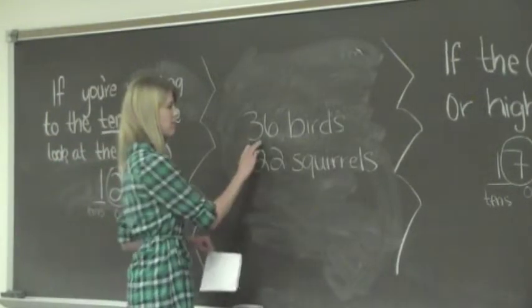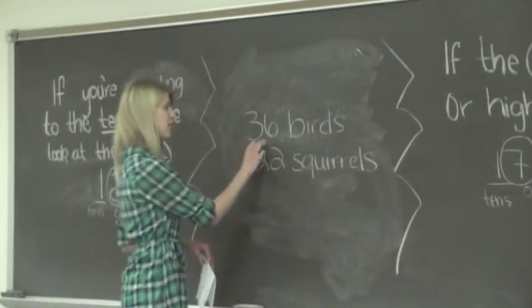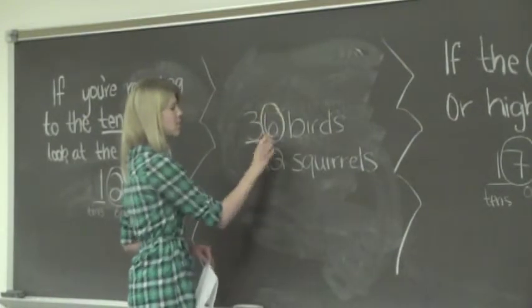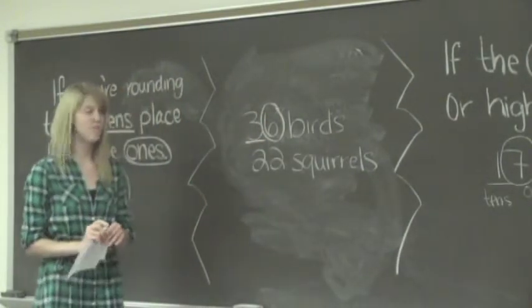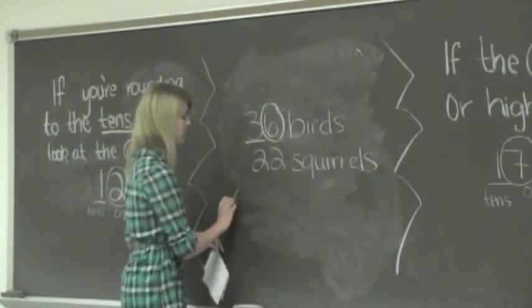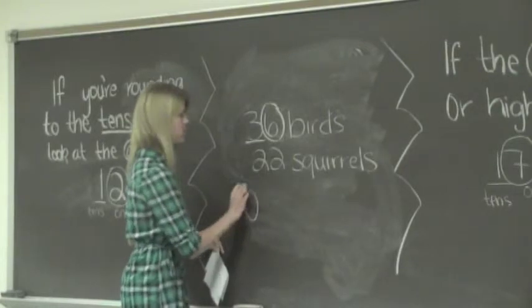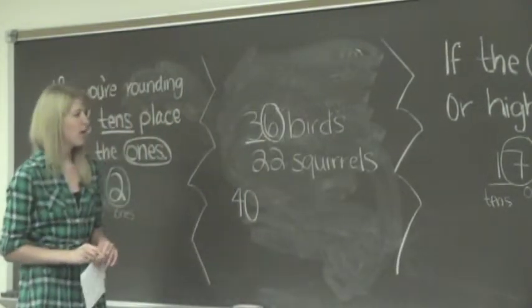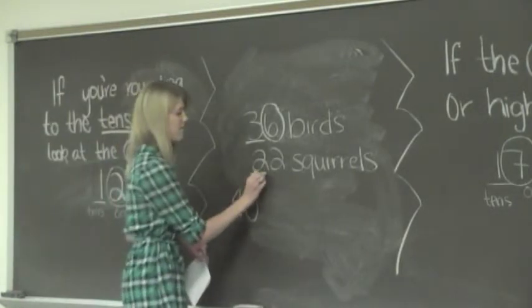So first, we want to round our 36 here. So we underline the 3, and we circle our 6. 6 is greater than 4, so we're going to round up to the next tens place, which is 40. So the 6 becomes a 0, and the 3 gets 1 added to it. But 22 is a little different.